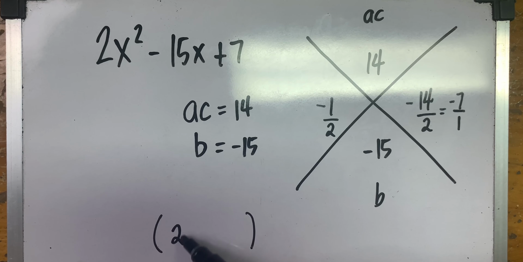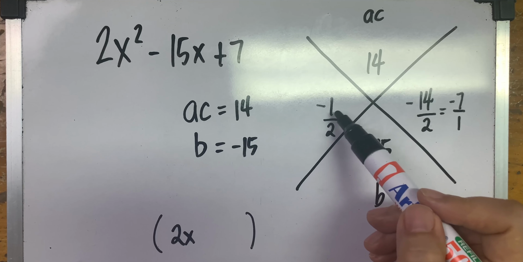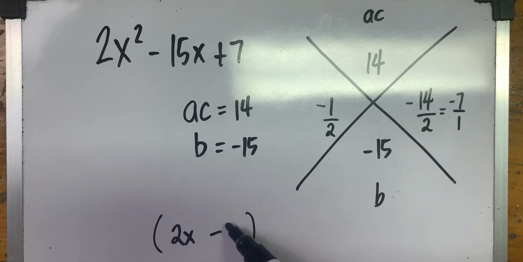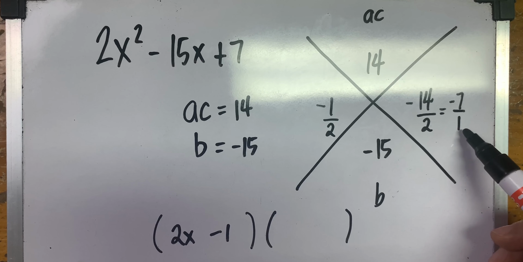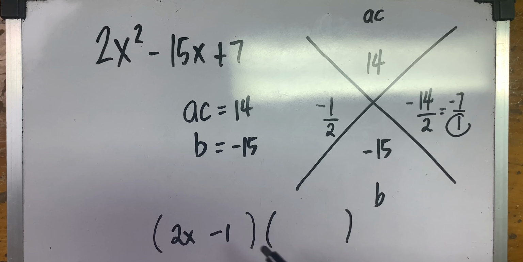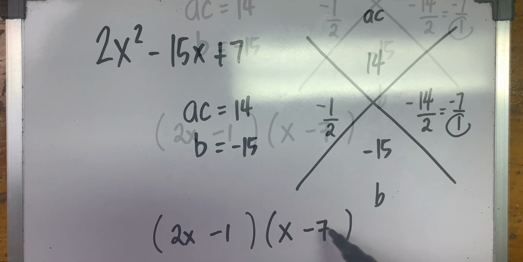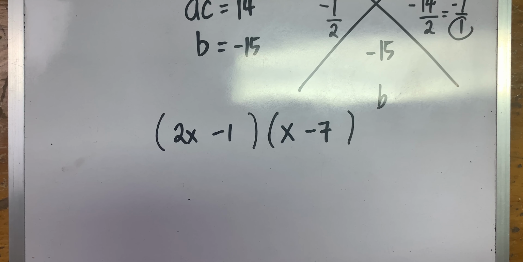So in this case, it's 2x. And then just add negative 1. Then for the other factor, we have to get this number as the coefficient of x, which is 1x or simply x, and then add negative 7. Again, to check if our answer is correct, we'll have to use the FOIL method.